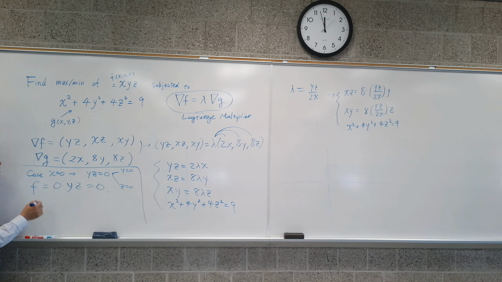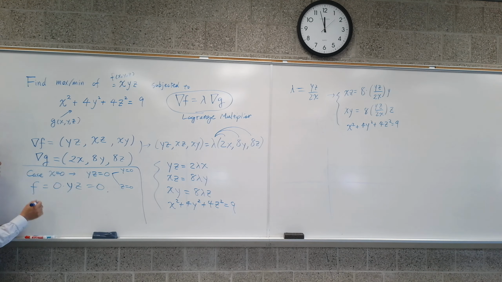Well, now we can cancel the z on both sides. 8 divided by 2 is 4, and then multiply x over here, and you get x squared equals 4y squared. Okay? In the same way, if you cancel the y's and multiply and simplify, I get x squared equals 4z squared.